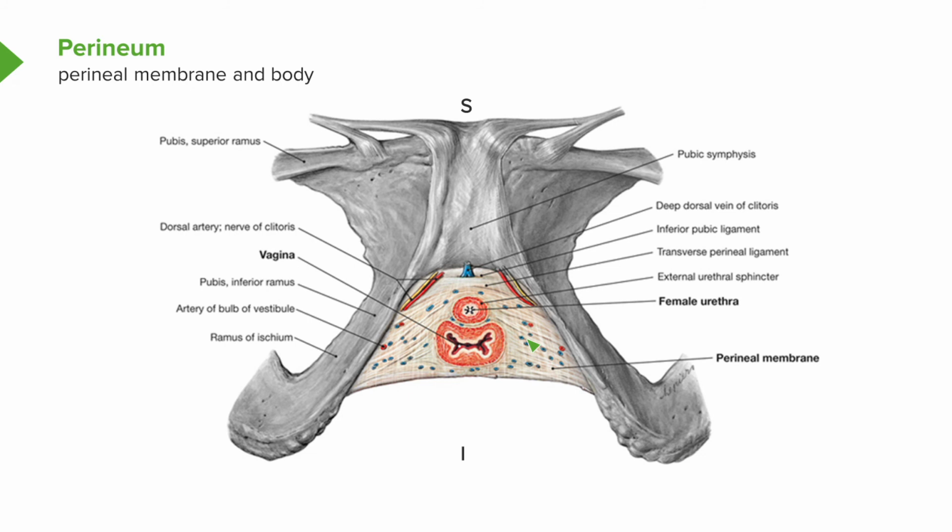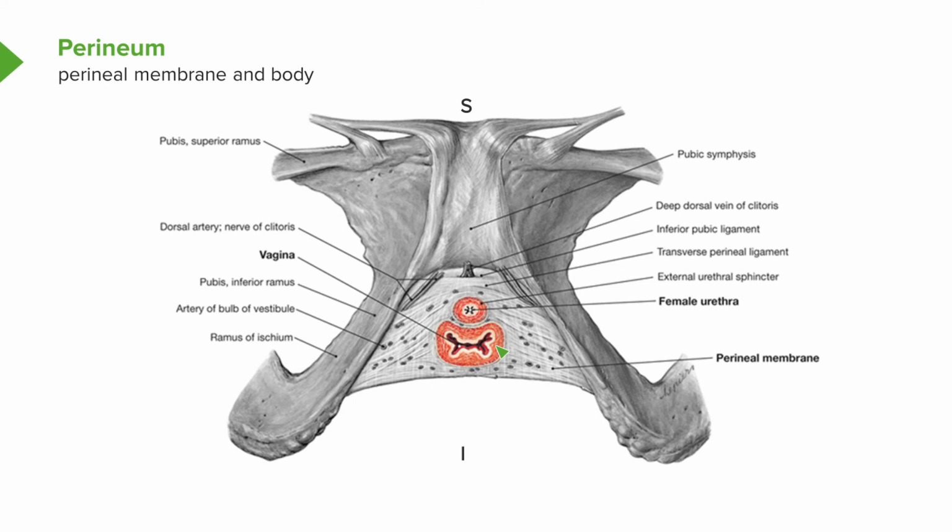We can see that in this perineal membrane there's a couple of holes. The female is a good one to use as an example because there's two holes. We have a hole for the urethra, and we have a hole for the vagina. So these structures are passing through this perineal membrane at the level of the urogenital triangle.